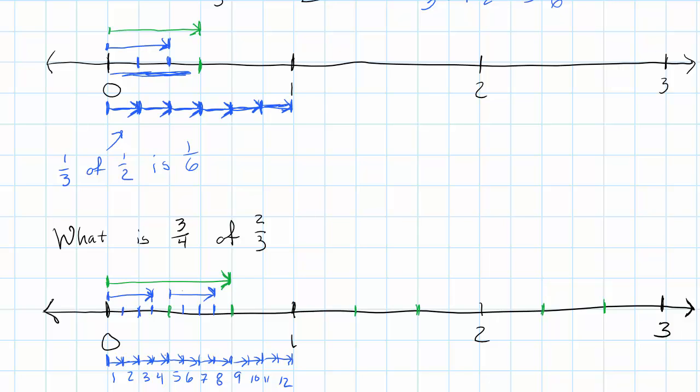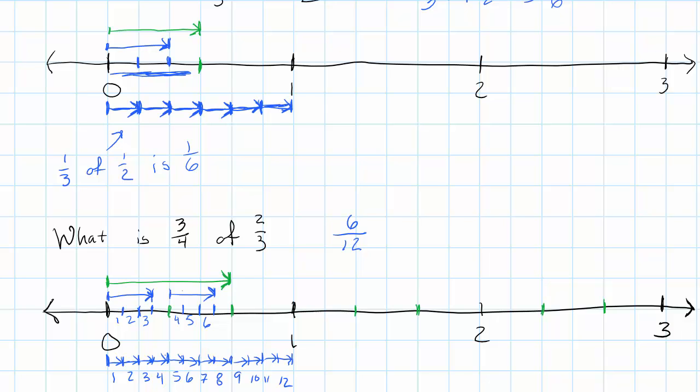And how many of them are we taking? 3 from the first third, 1, 2, 3. 3 from the second third, 4, 5, 6. So 3/4 of 2/3: I have 12ths here, and I'm taking 6 of them.